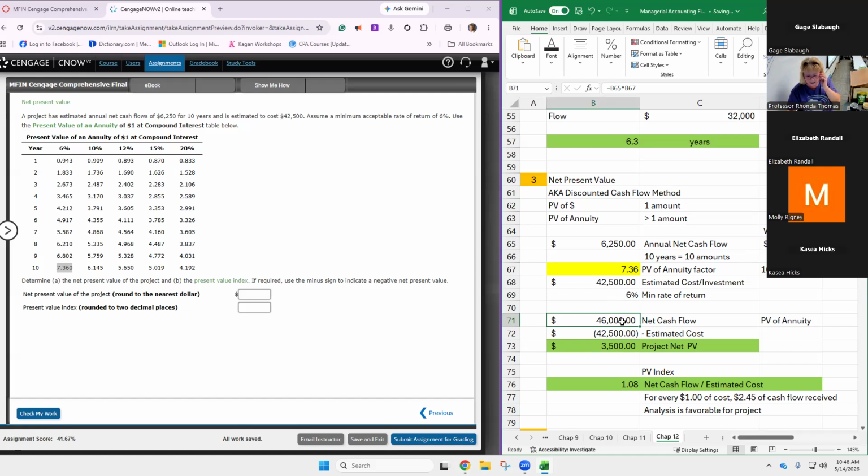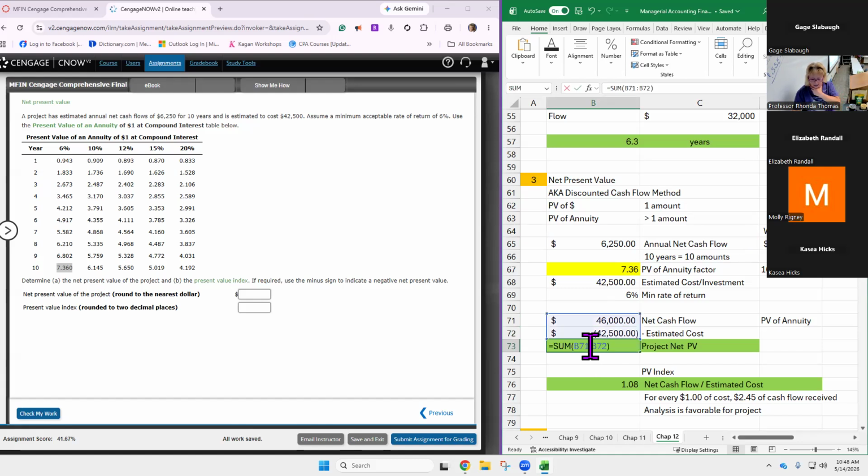Since now this is net cash flow, but then we need to subtract the estimated cost. So net cash flow is your annual net cash flow times your present value annuity factor. Then we're going to subtract the estimated cost.